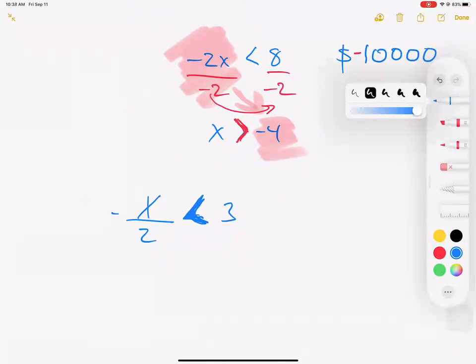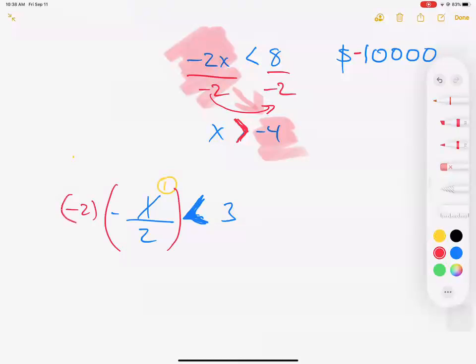So make a decision. What variable are you solving for? I'm solving for x. I need to get rid of a 2. What is the 2 doing? It is dividing. The opposite of division is multiply. So I'm going to write multiply by negative 2 to both sides.